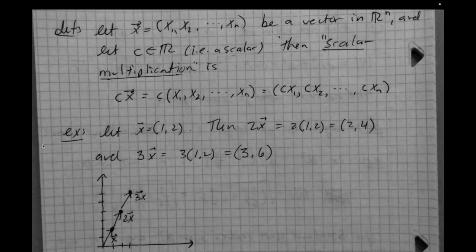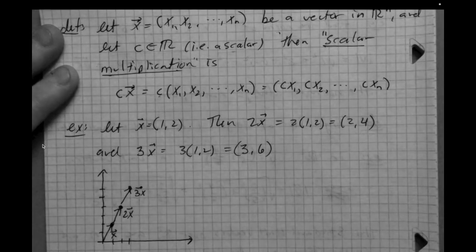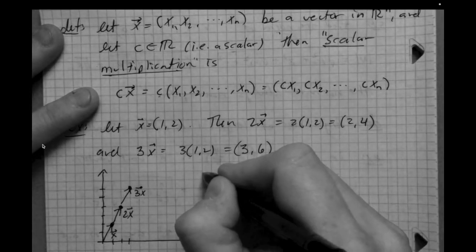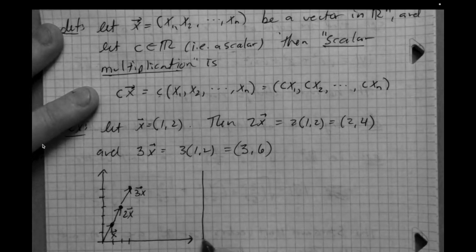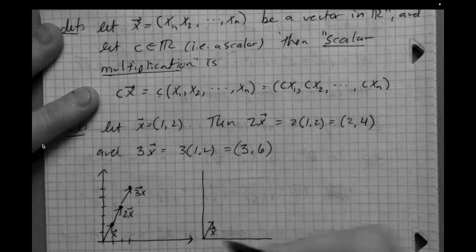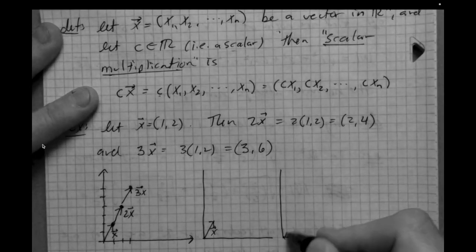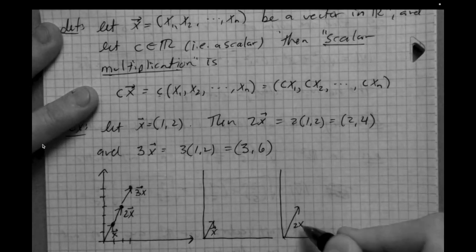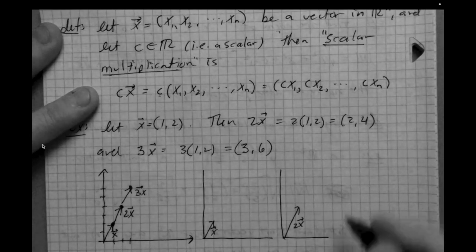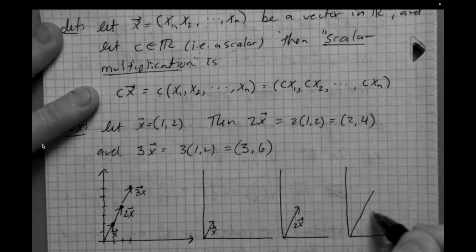Okay. And so it's important to notice here that when we write the vector x and 2x and 3x, what we really mean is this. So here we've got x, and here we've got the vector 2x, and here we maybe have the vector 3x.